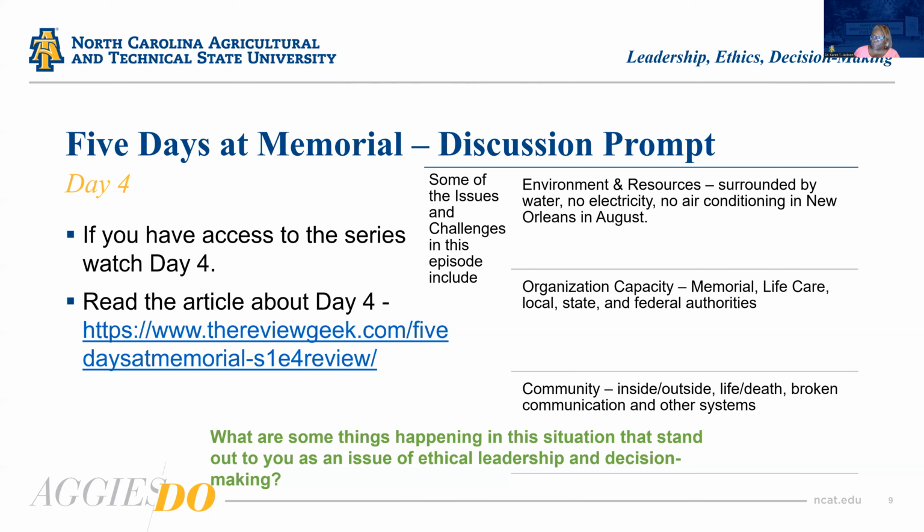So think about the situation where you've got 2 organizations within one building in an emergent situation where there's no water, no electricity, no air conditioning, and you can't get out. Local, state, and federal authorities' capacities, you'll see it was a lot more than about their capacity.